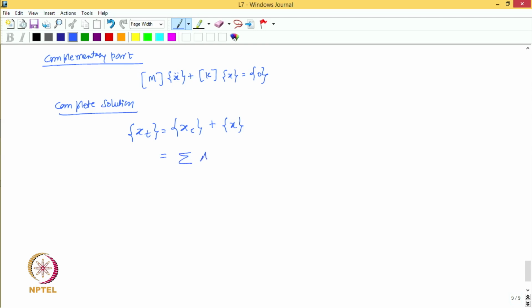So, say a i phi i, if I take the mass normalized eigenvector, cos omega i t plus b i phi i sin omega i t, with i varying from 1 to n, plus the particular part of the solution.